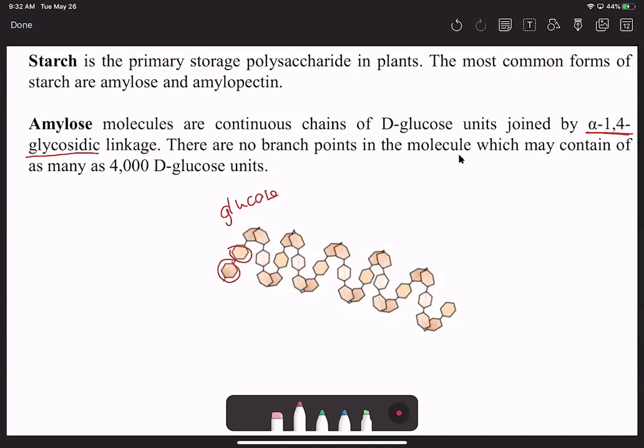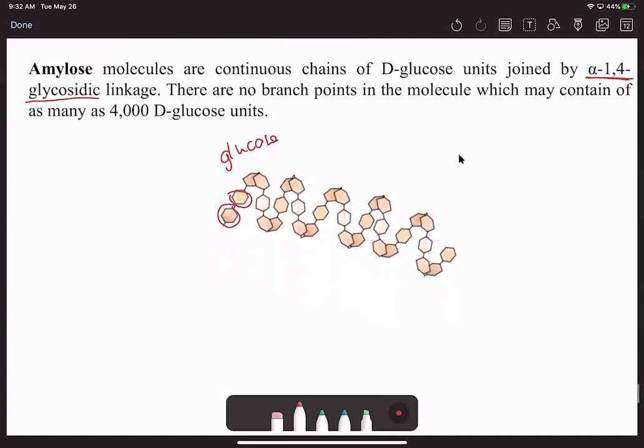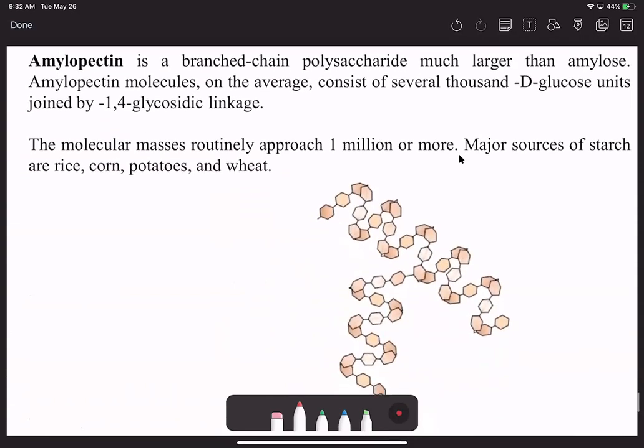These can start getting branches, and we've seen branches in organic chemistry. Amylose does not have any branch points. Amylopectin, though, does have some branching. And again, these are all still glucose units. Then here we see this branch.